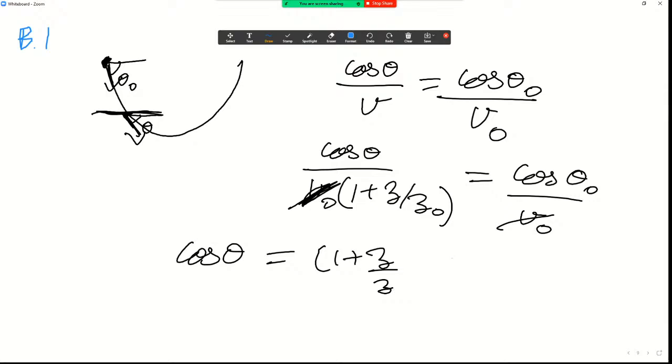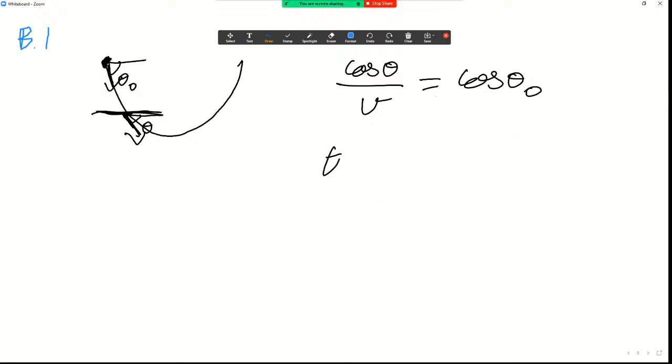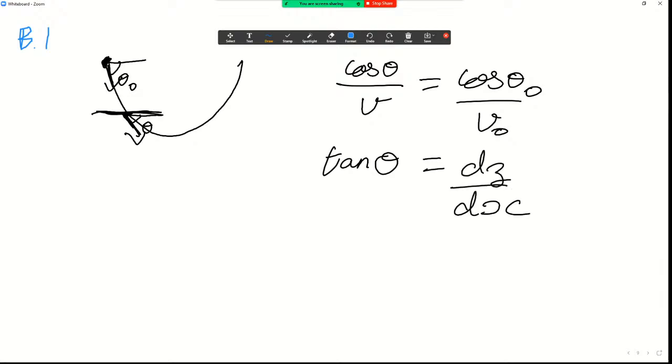Or we can do reverse substitution instead of this. We know tan theta equals dz by dx.